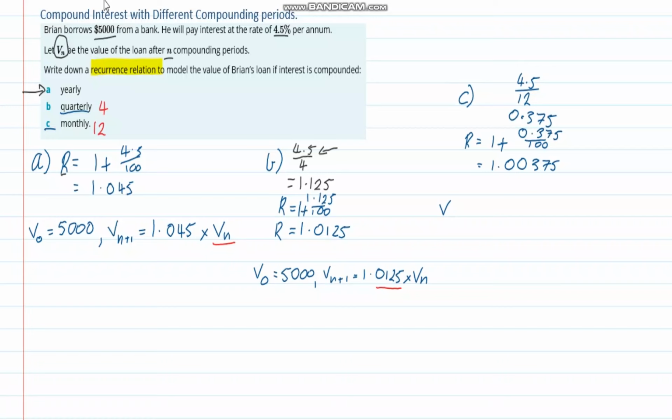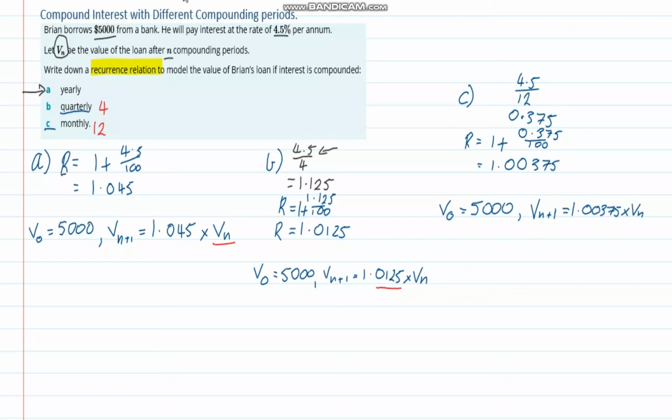Now our recurrence relation. We know that we start with V0. V0 is equal to $5,000, same as always. And then Vn plus 1 is equal to 1.00375 times Vn.